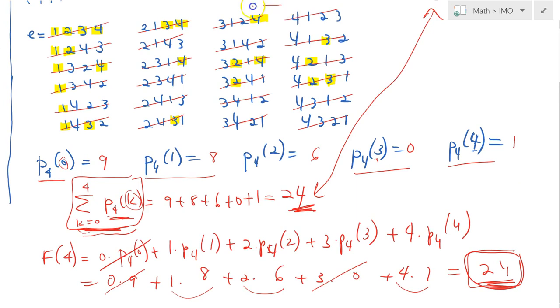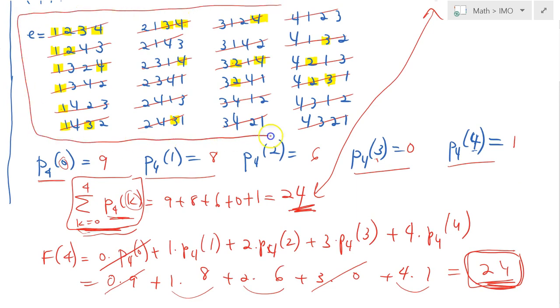Let's focus on the case n is equal to 4. Let's focus on all these permutations. Here we realize that each of the numbers 1, 2, 3, and 4 is a fixed point of n minus 1, or 4 minus 1 factorial, or 3 factorial permutations, right?